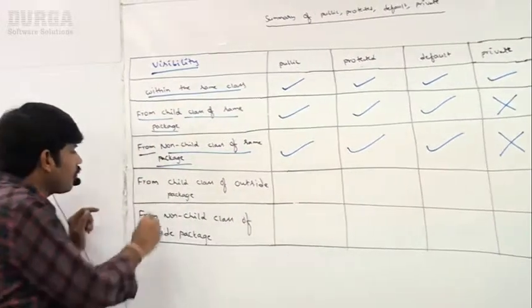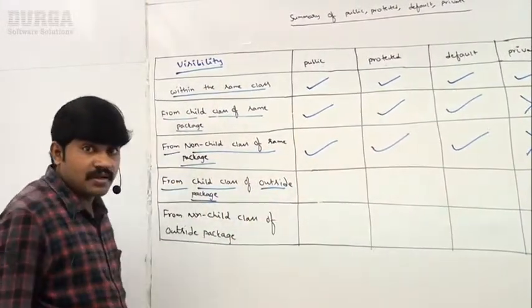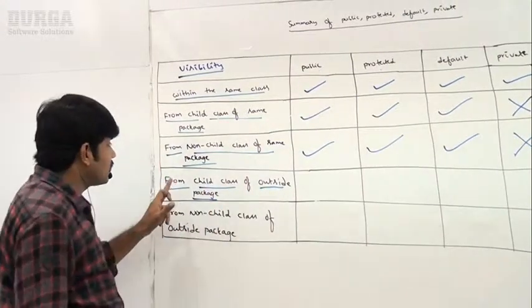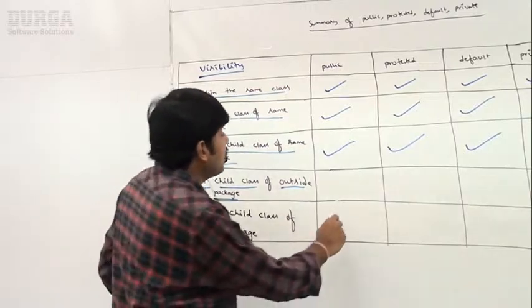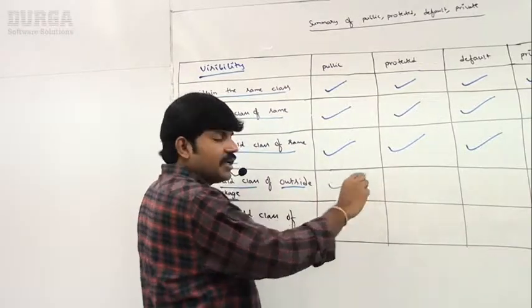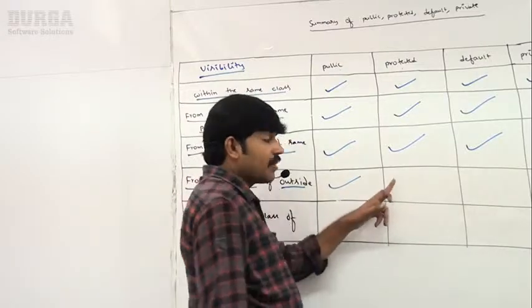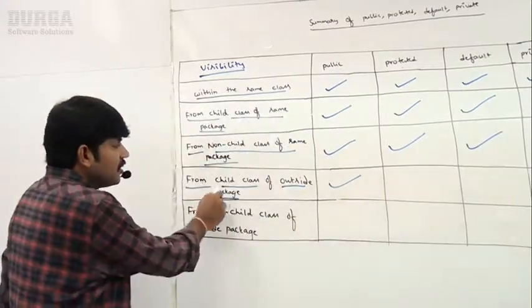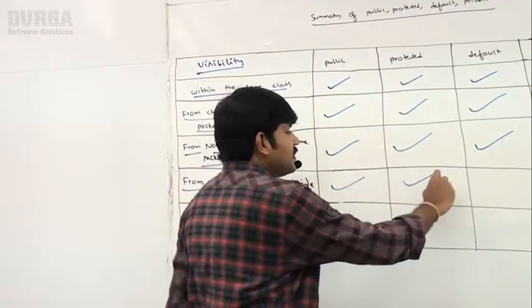Next, from a child class of outside package, not in the same package, but it is a child class. What about public? Yes, anywhere, no restrictions. What about protected? Remember that. From a child class of outside package, a protected member is acceptable.